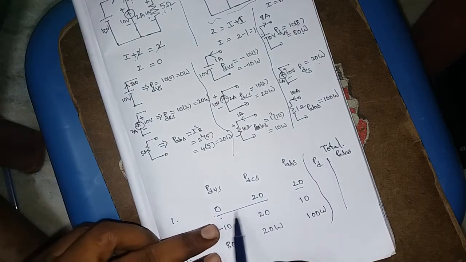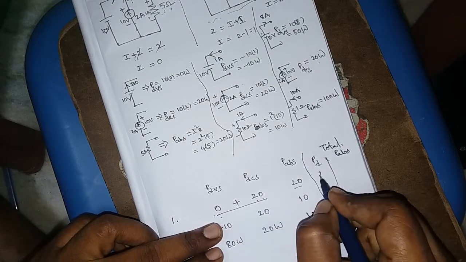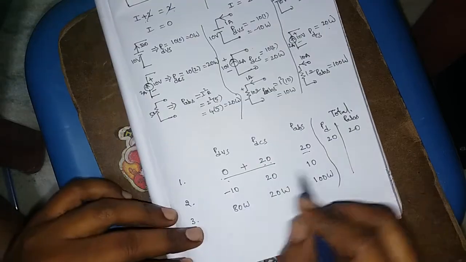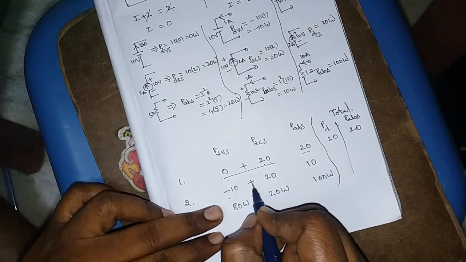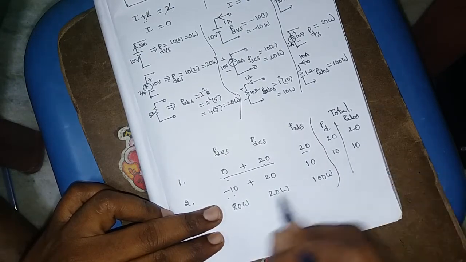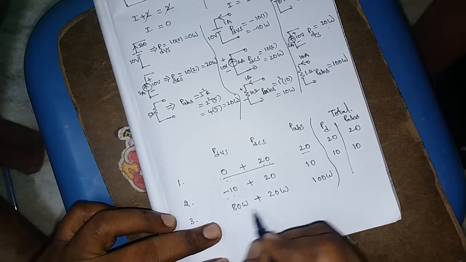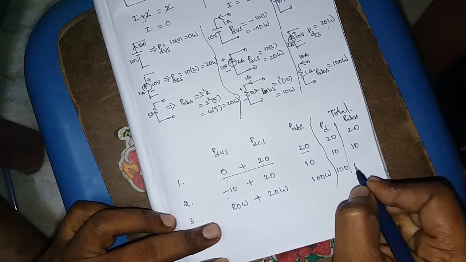In the first case, total power delivered is 0 plus 20. This is 20. Total power absorbed is 20 only. Next, in second case, total power delivered is minus 10 plus 20, 10. Power absorbed is 10 only. And in this third case, total power delivered is 80 plus 20, 100. And here power absorbed is 100.